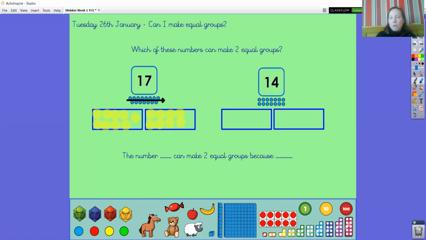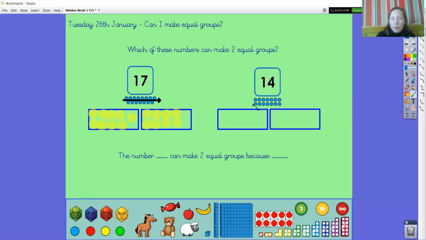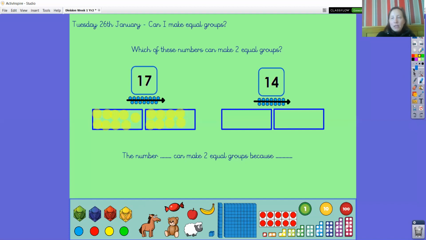So if we look at the number 14 and thinking about our odd and even numbers, remember our even numbers all liked partners. So look, this one's all got partners. So I think this number we can divide into 2. I'm going to change my colour. So let's check this.